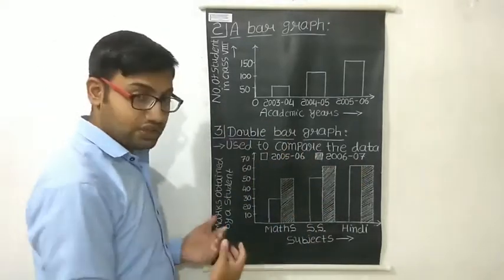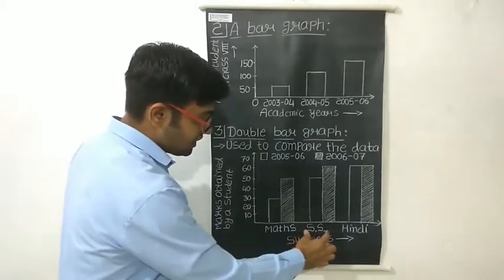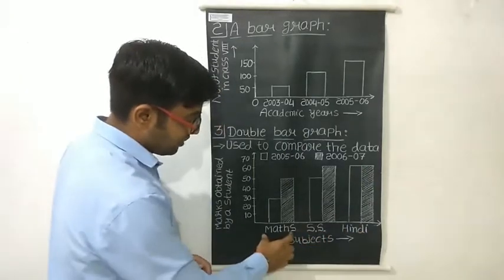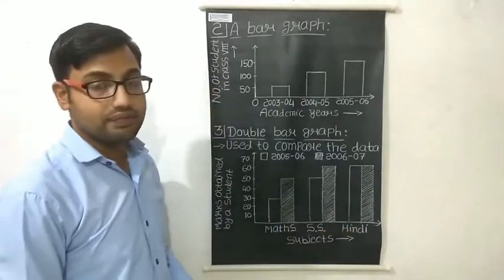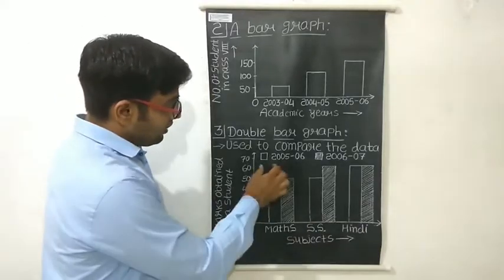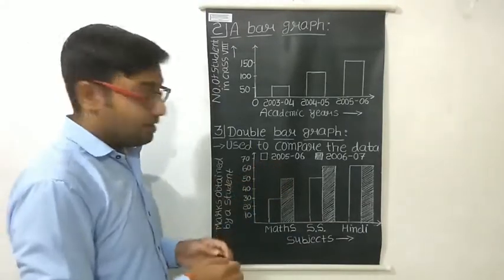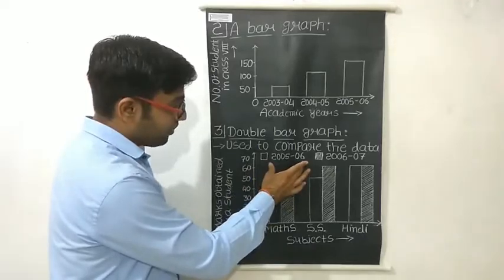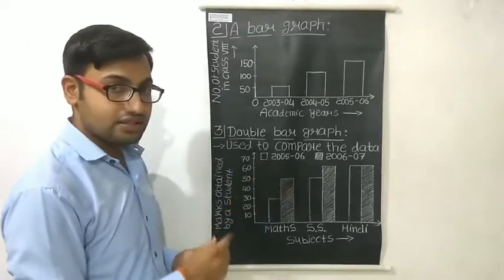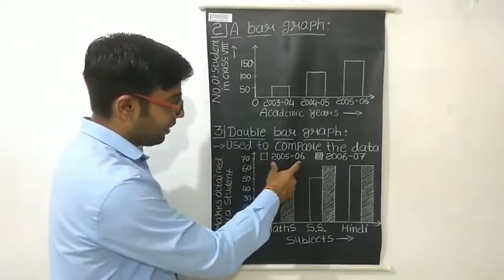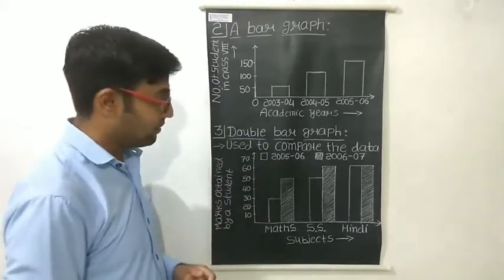Three subjects we have taken: maths, social study, and Hindi. The blank bar represents the marks obtained in 7th standard, that is, in the academic year 2005 to 2006.